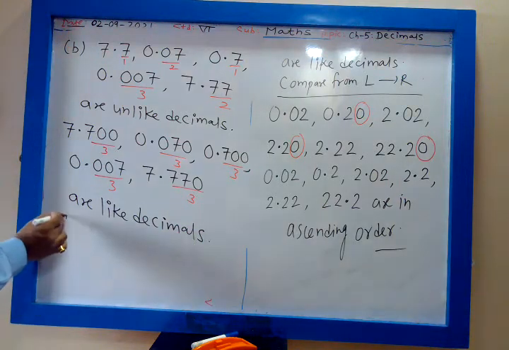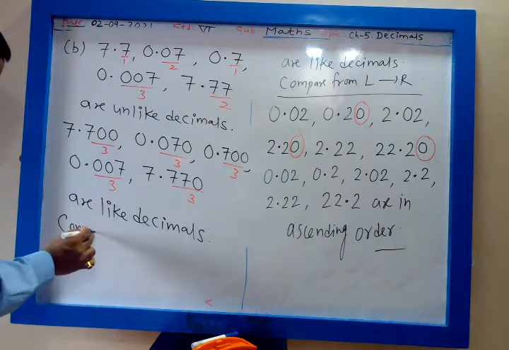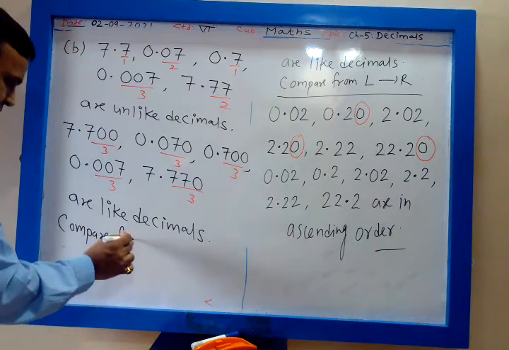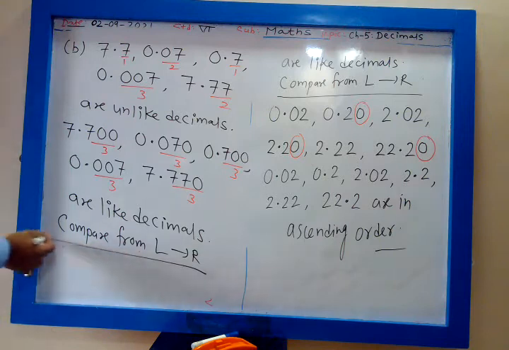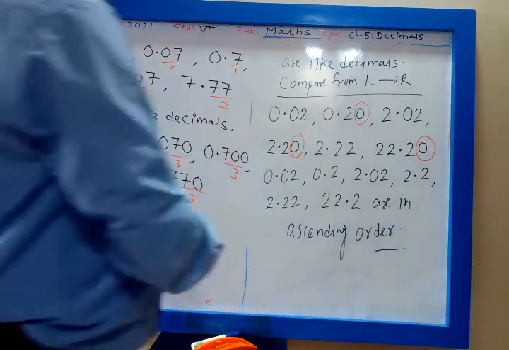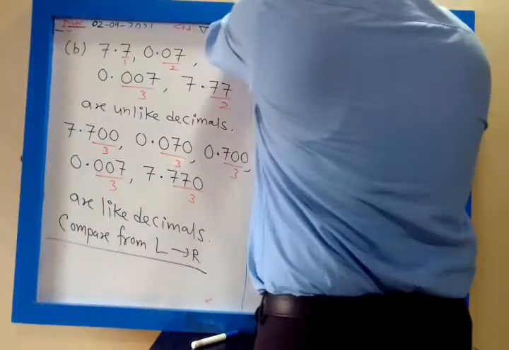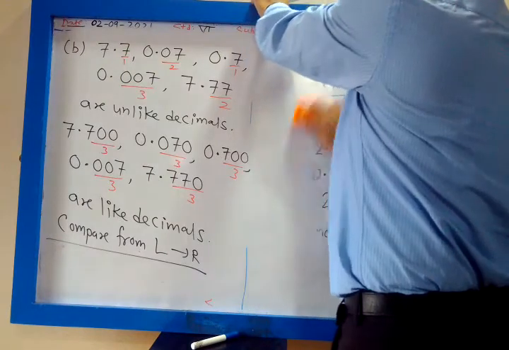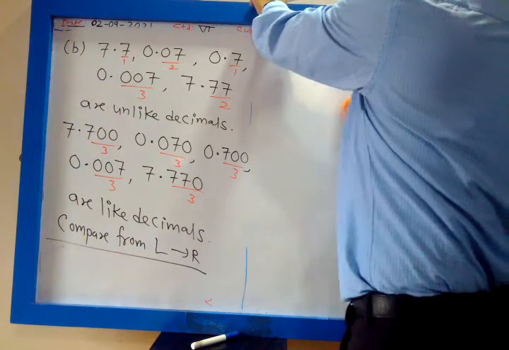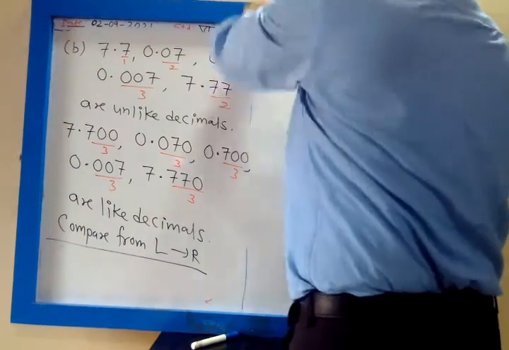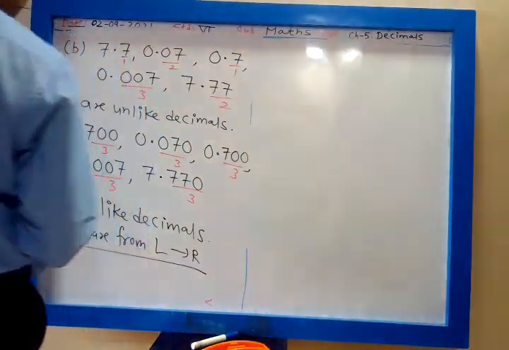Now you compare the digits from left to right. Since you have to write them in order, you have to find the smaller number first. Let us compare.